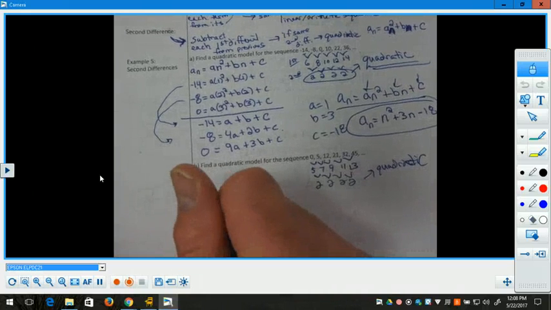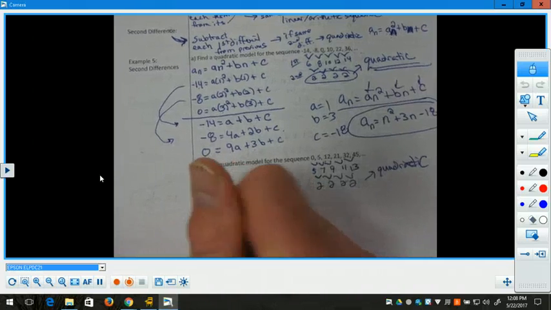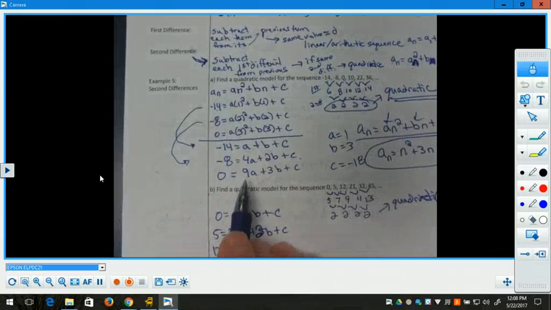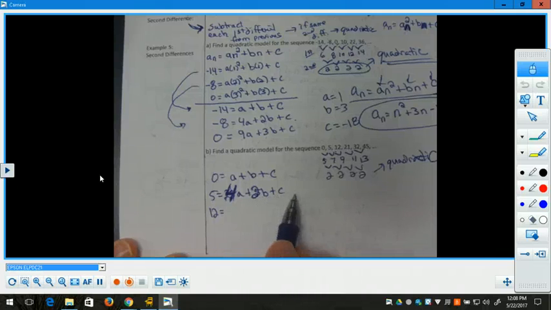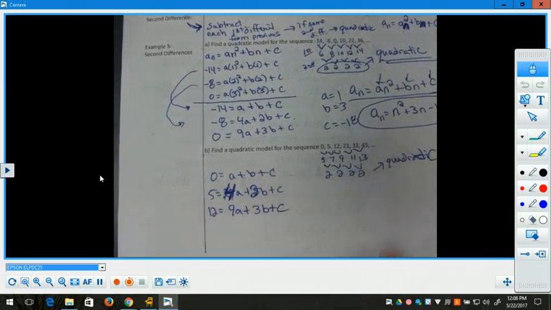This should be a 4A plus 2B, because it was position 2. Position 2 squared is 4. Position 2 times B is 2B, so this would be 4A plus 2B plus C. This should be 9A plus 3B plus C.